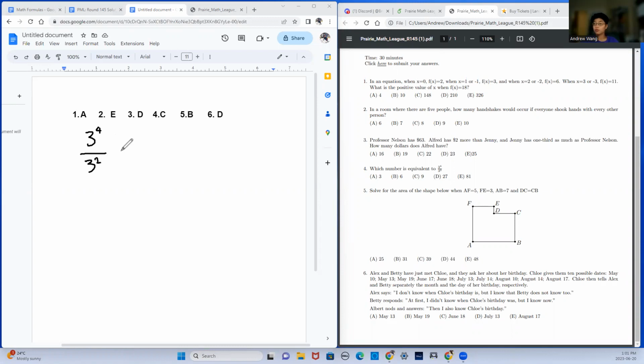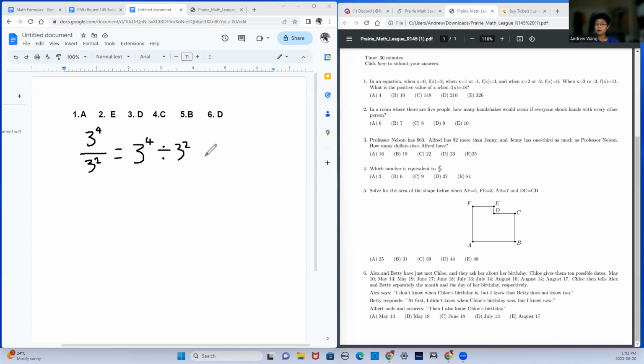Three to the 4 over 3 to the 2. This fraction symbol can also be a division sign. So it'd be 3 to the 4 divided by 3 to the 2.